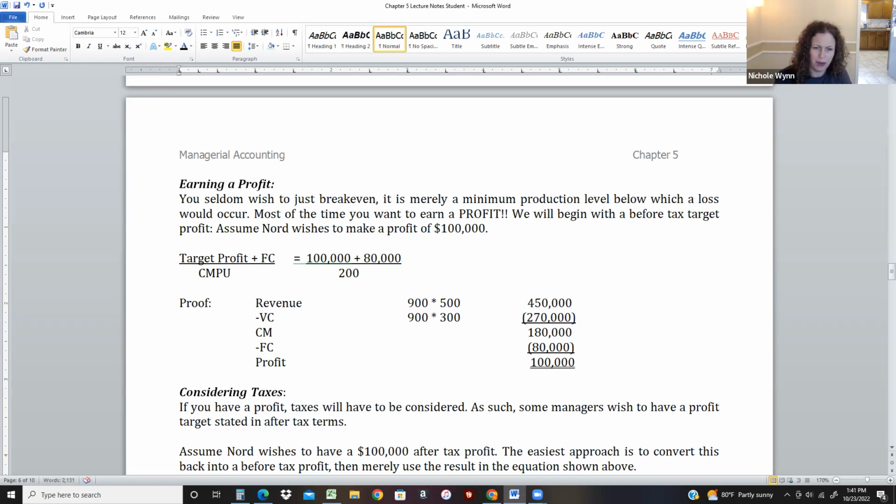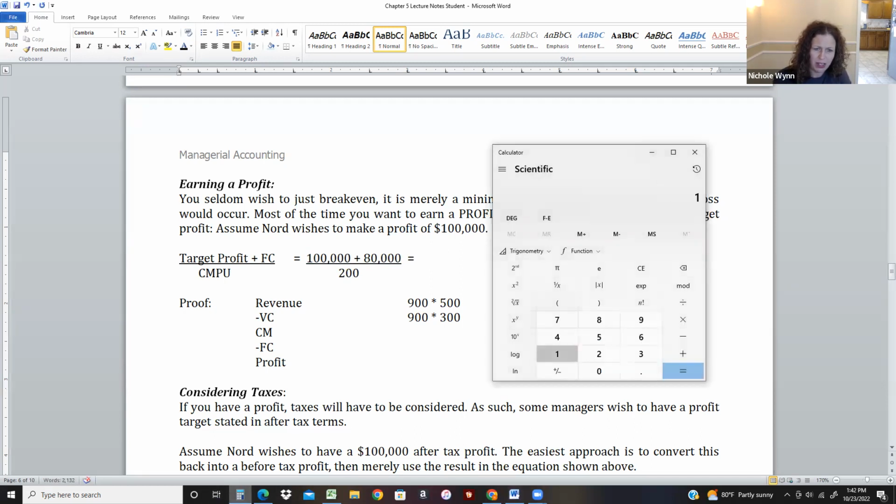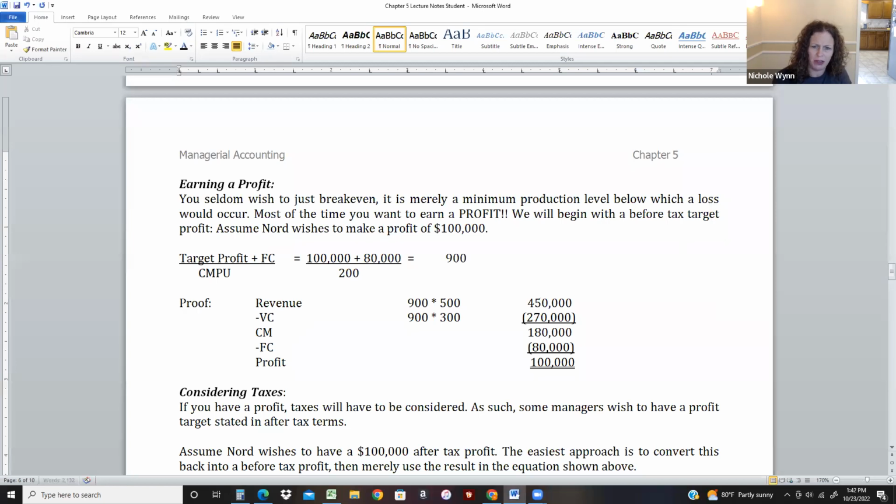I make $200 a bike. So that equals, I think 180,000 over 200 is 900. Yep. So I need to sell 900 bikes to have profits of 100,000.